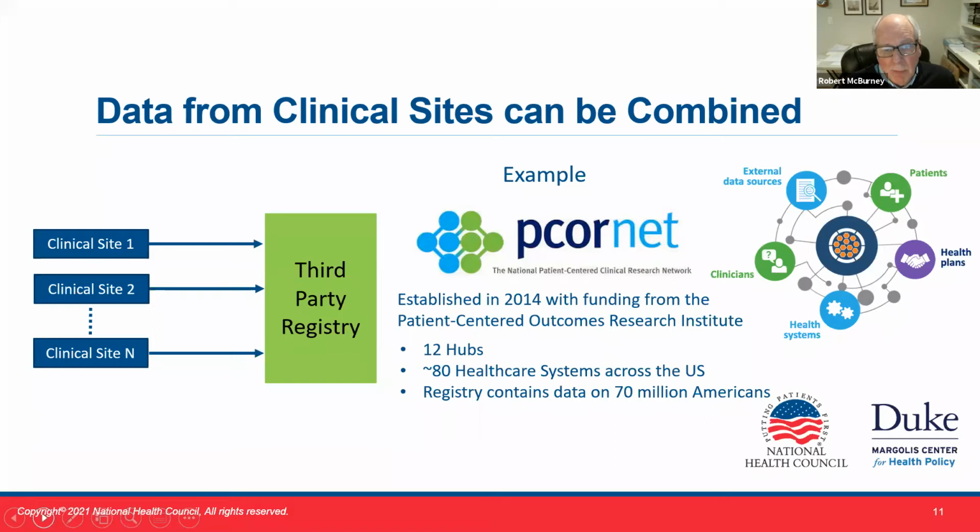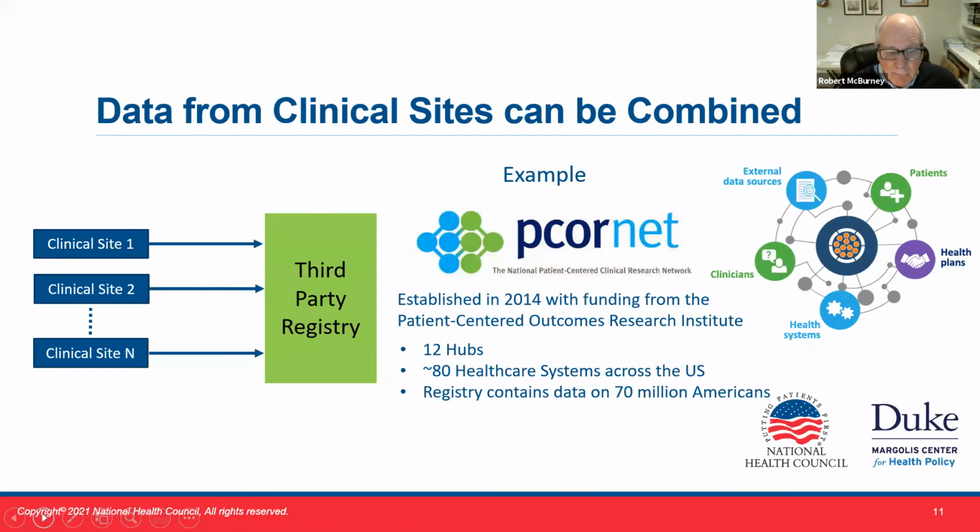And one example of this is PCORNet. PCORNet is the National Patient-Centered Clinical Research Network that was established in 2014 with funding from the Patient-Centered Outcomes Research Institute that was created by the Affordable Care Act. And this today is a tremendous resource for healthcare research.